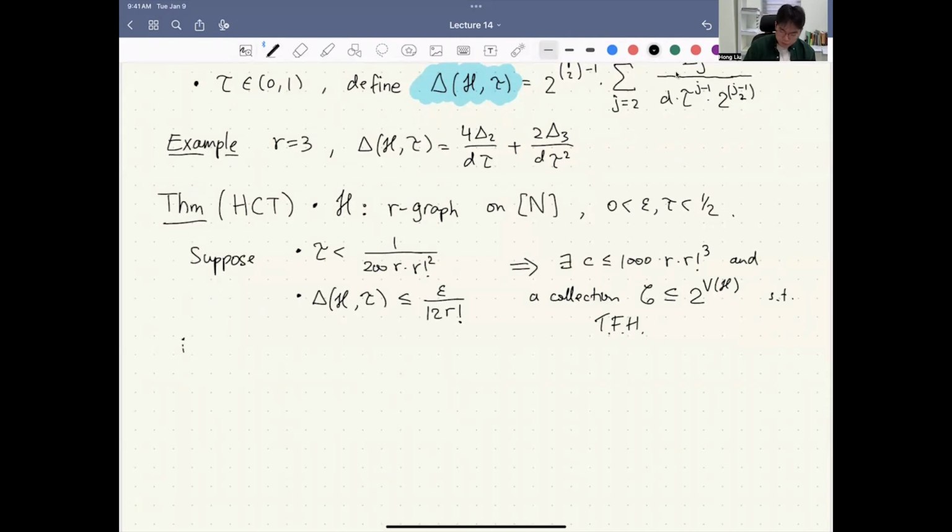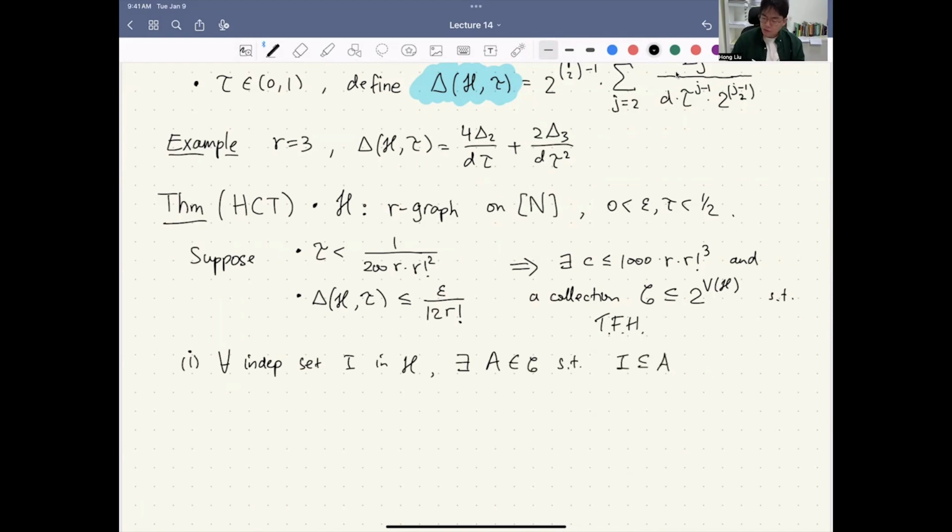First of all, they are containers for independent sets. For every independent set I in H, there exists a container A in C such that I is contained in this container. Maybe let me change to C.